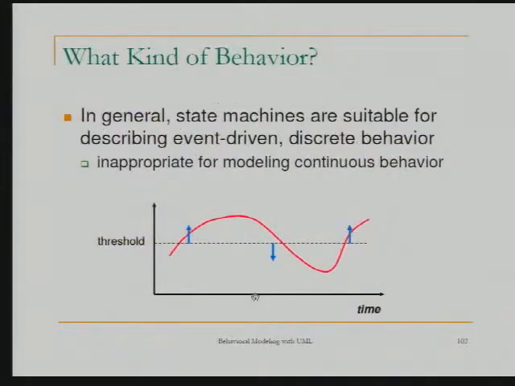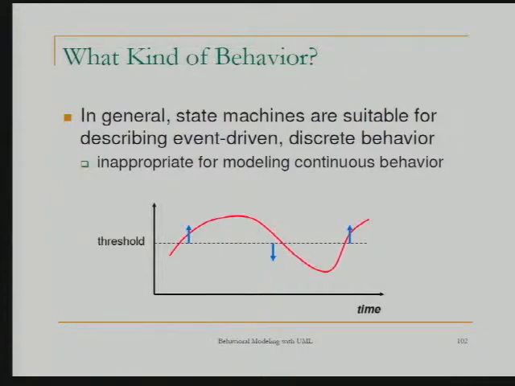Okay, now in general, state machines are very good for describing event-driven systems with very discrete behavior, states, if you will. It's inappropriate for modeling continuous behavior. So if I'm trying to model something like this, this analog or continuous type behavior or signal, it's going to be very difficult to do that unless I somehow find a way of making it discrete, either by sampling this or looking at it periodically.